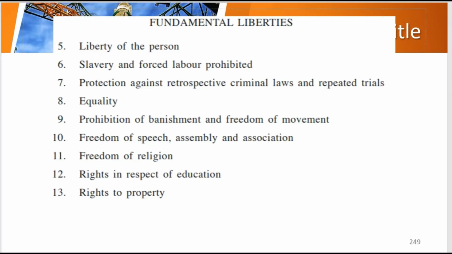So we are looking at the rights and liabilities of trade union. First, we have to look at the fundamental liberties provided under our Federal Constitution.